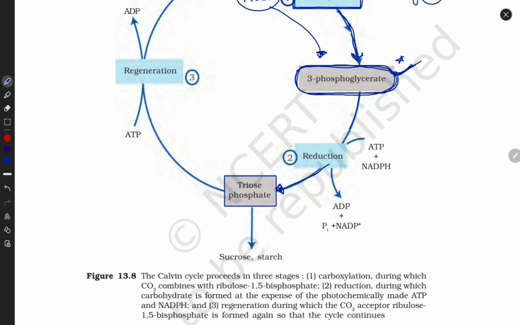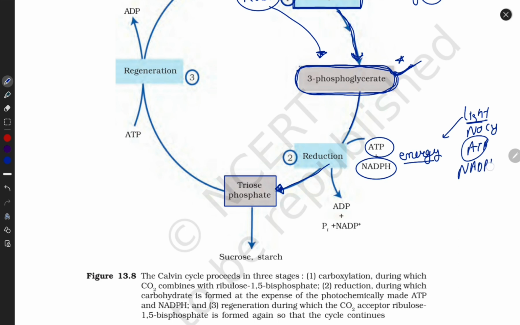During this conversion, ATP and NADPH, these are the energy forms. Where do we get this energy? You know, from light energy, the non-cyclic and cyclic pathways produce ATP and NADPH.